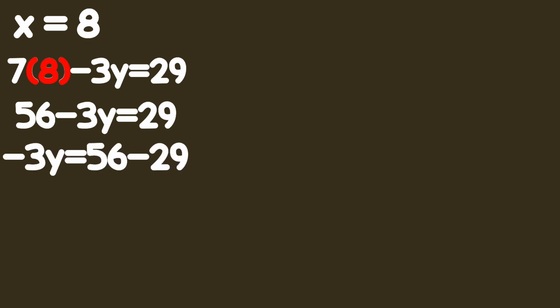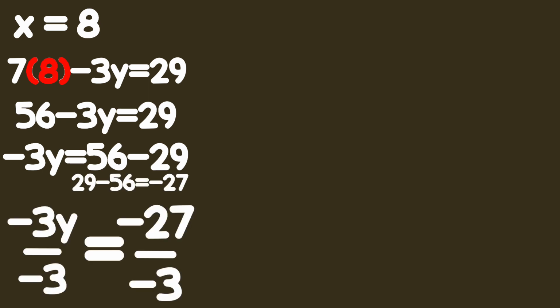I moved the 56 over to get the negative 3y alone, and I got negative 3y equals negative 27. And so since y wasn't by itself, I divided by negative 3, and I divided negative 27 by negative 3 to get y by itself. And so I got y equals positive 9.